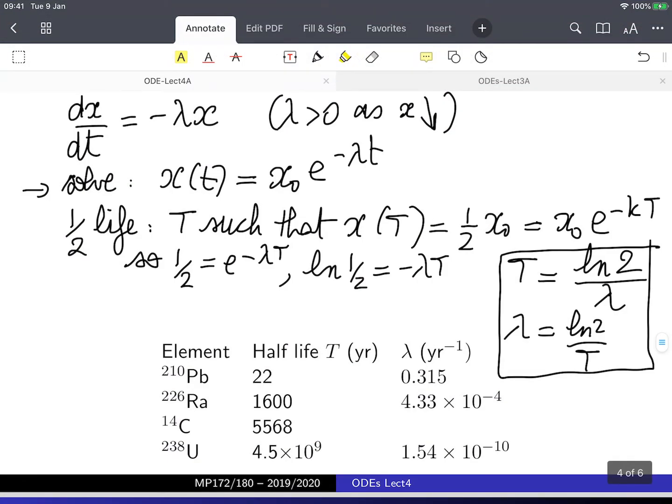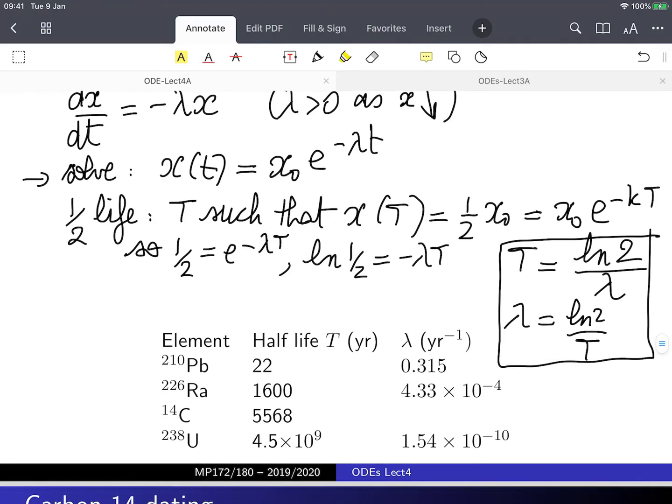I get 1.24 times 10 to the power minus 4. Do you get the same? So that's with 3 significant digits. Do you get this? Okay. Well, let's do an example.